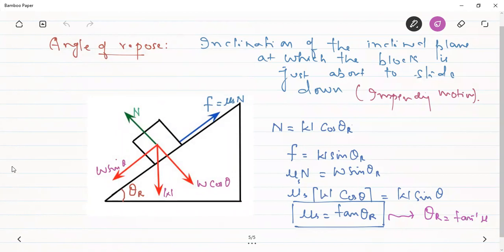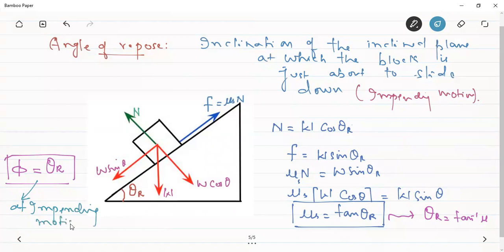So we can conclude that the friction angle is equal to the angle of repose, but only at impending motion.